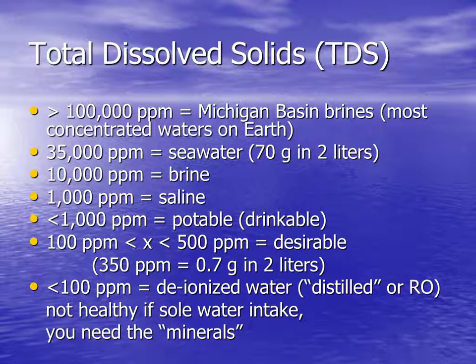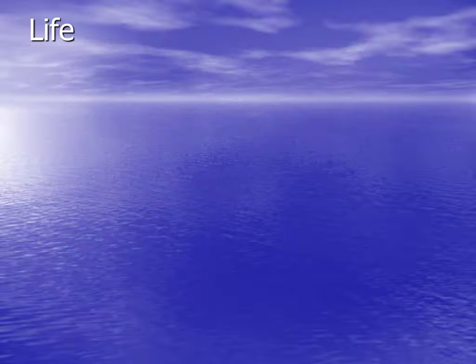So it's not healthy if your sole water intake is less than 100 parts per million. You need some of the minerals that are in the water. And of course, a lot of these minerals you get in your food as well. But if you're drinking fresh water, it will tend to leach minerals out of your body. Also, there's life in water.